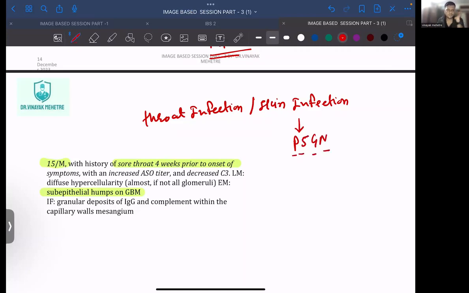That's it. Just remember skin and throat infection; even don't need to think, answer is always PSGN.